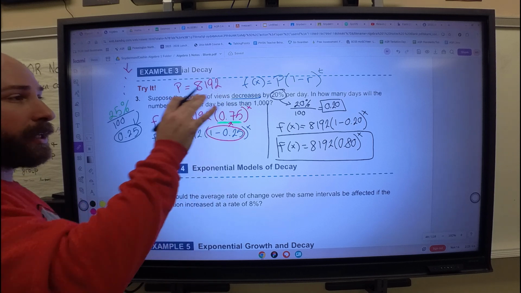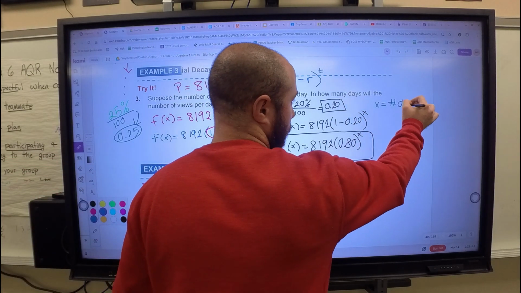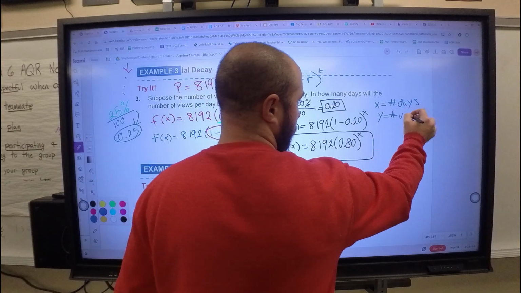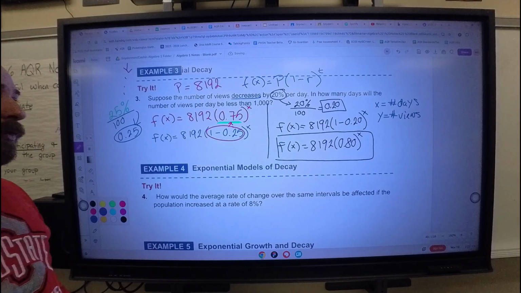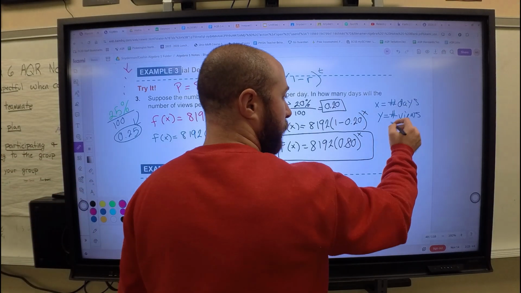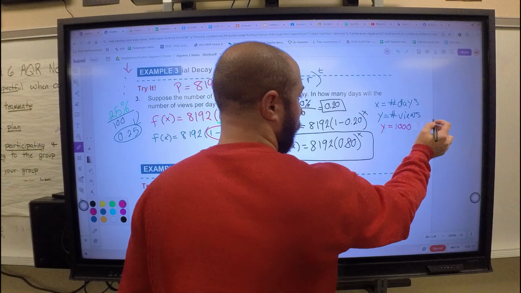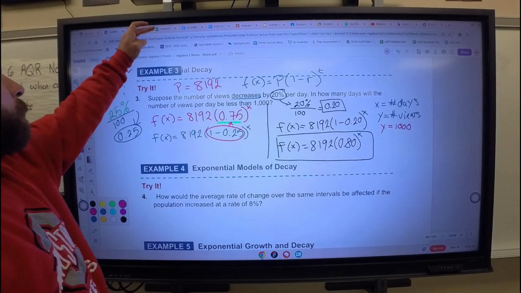We need the function. Now, we can look at what it wants us to do with the function. And it says in how many days, and it tells us x is number of days, which means y has to be number of views. It says in how many days will the number of views per day be less than 1,000? So we are looking for what is x when y is at 1,000 or less. And this is where we're going to use Desmos in order to help us out.